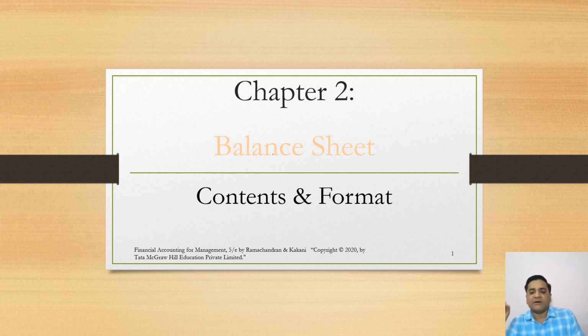You will find many companies preparing interim financial reports, which are the quarterly statements or even half yearly statements. But by and large, the actual balance sheet numbers you get only after the year end, because you have many adjustments that happen after the end of the year.